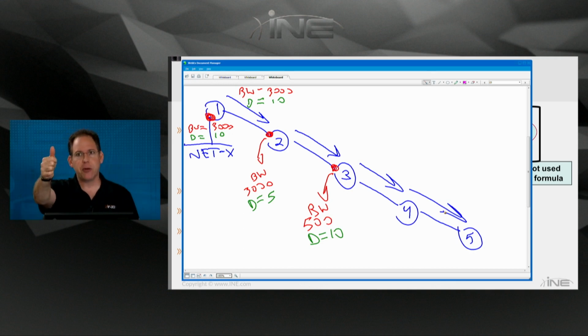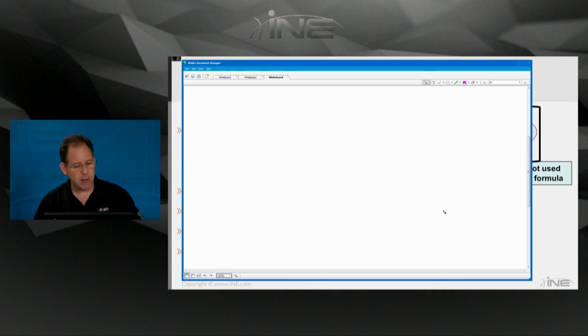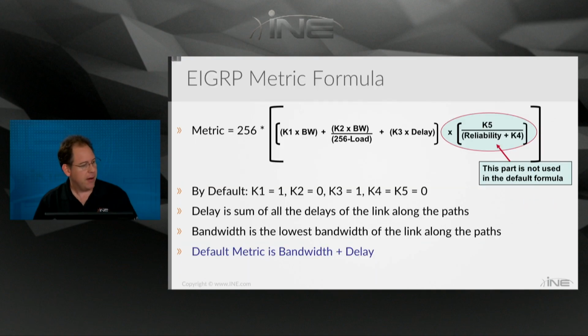And then what's the total delay my neighbor is saying it takes to get to that network? Well, let me add that into what my delay is to reach that neighbor. So that's why we say here on this slide that the delay is the sum of delays along the path and the bandwidth is the lowest bandwidth. That is something you do need to know. They're not going to expect you to know the formula, but they will expect you to know those bullet points.